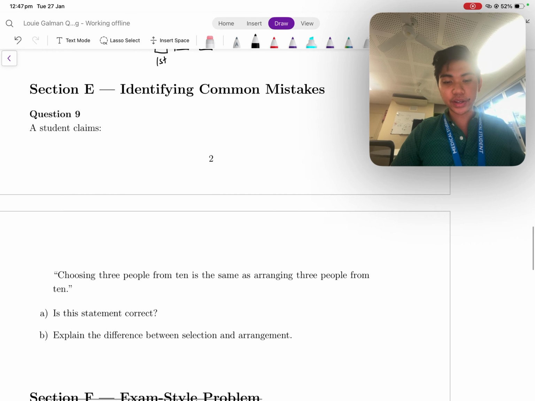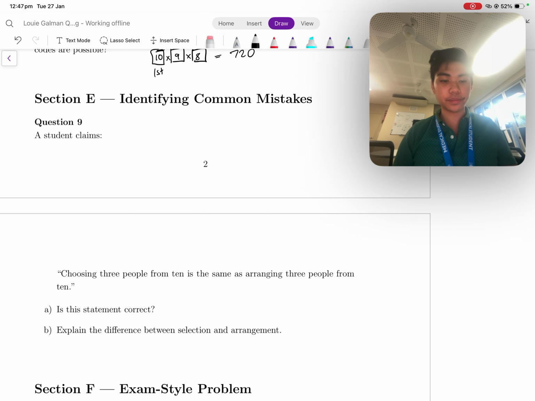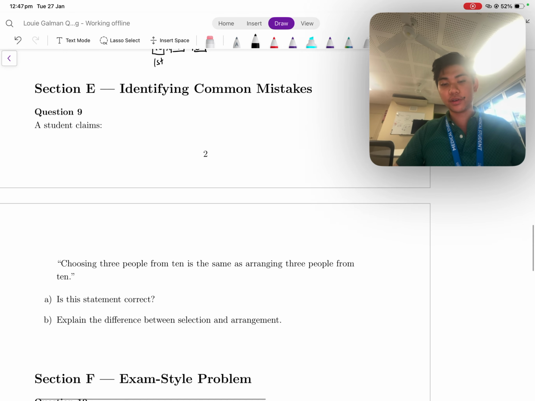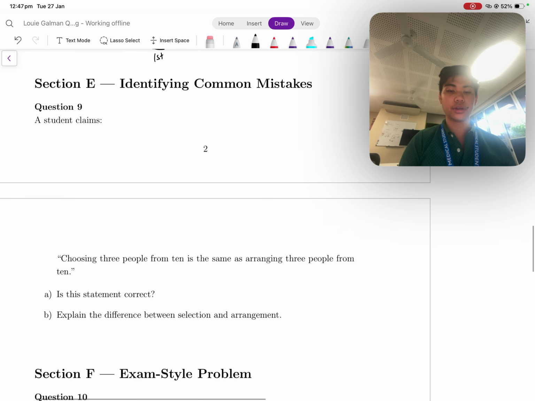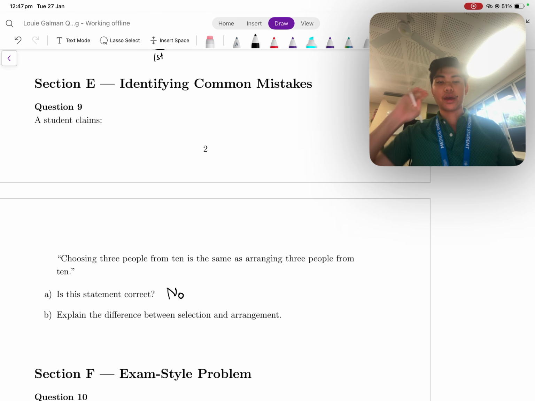Let's identify some common mistakes. A student claims choosing 3 people from 10 is the same as arranging 3 people from 10. Is this statement correct? No. We have to explain the difference between selection and arrangement.